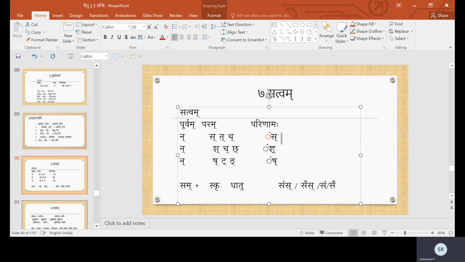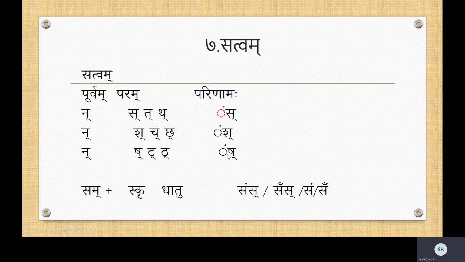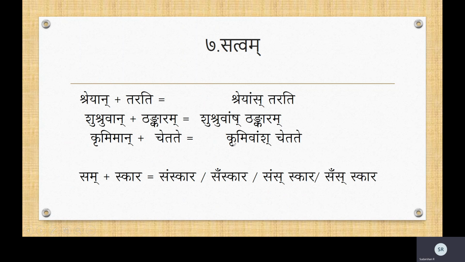Similarly with sh also, you can get the extra chandra bindu like this. Even with the sh case, there you can put the extra chandra bindu along with the anusvaara. It becomes krimivam. The pronunciation seems similar, but there is just the extra nasalization.